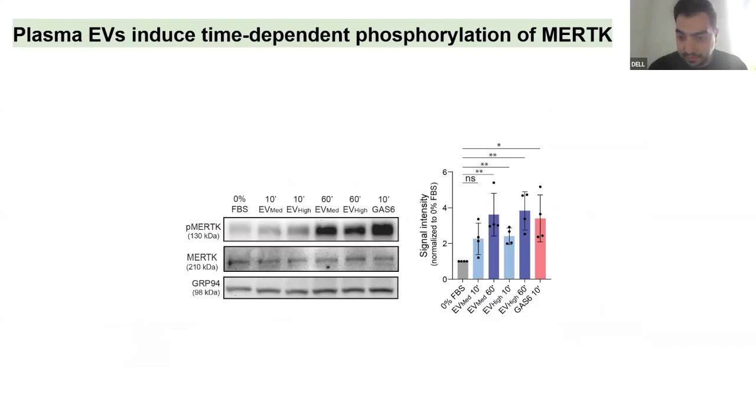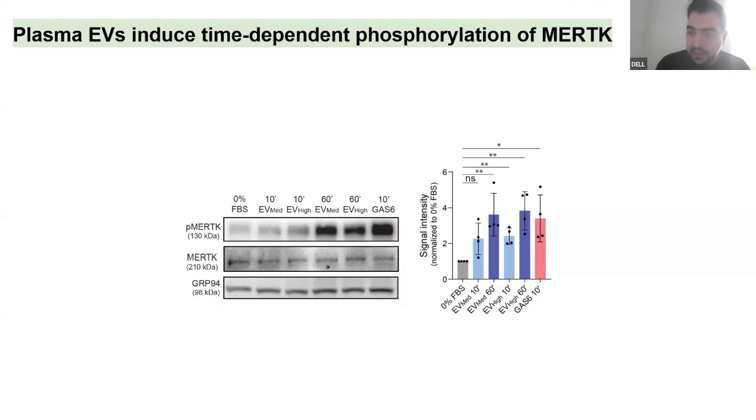So then, among these TAM receptors, MERTK is the most extensively characterized in macrophages and is known to mediate the recognition of Gas6 and protein S, thereby driving anti-inflammatory and pro-resolving responses.